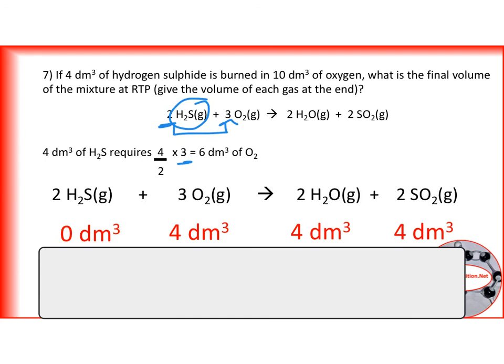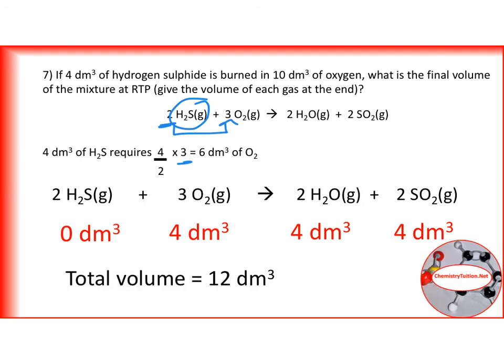If I started with 4 decimeters cubed of hydrogen sulfide, I'd make 4 decimeters cubed of H2O and 4 decimeters cubed of SO2, because they're all 1-to-1 ratios. And I'm left over with 4 decimeters cubed of oxygen, because I started with 10 and I used 6, which leaves me with 4. And therefore my final volume is 12 decimeters cubed.